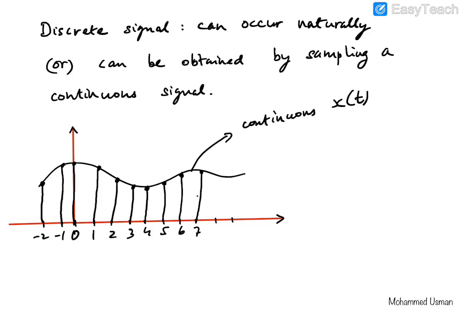So all these are denoting the samples x of n. The sample at index 0 has this value, at index -1 has this value, and so on. So we can have the samples, or the discrete sequence, obtained by what we call sampling the continuous signal.